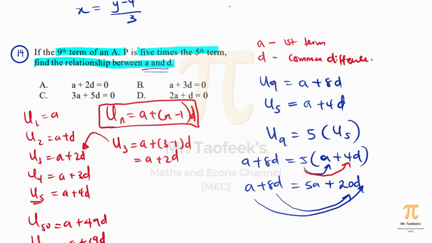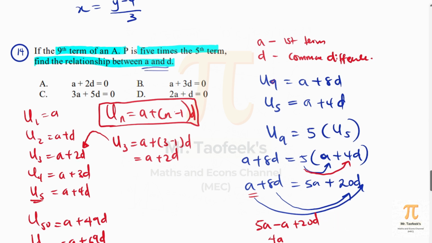So we definitely have 5A minus A, because this A comes to the other side. And then we have 20D, take away 8D, I forgot to take away 8D, right? Equal to 0, because 8D comes to the other side to become negative. So therefore, 5A minus A is 4A. 20 minus 8 is what? Is 12. So minus 12D is equal to 0.